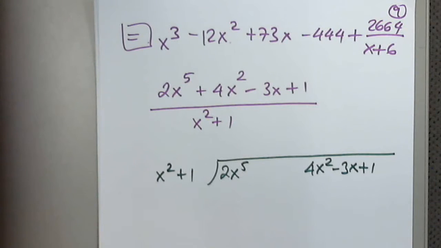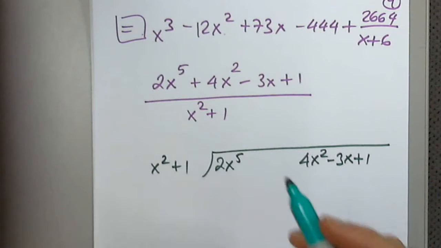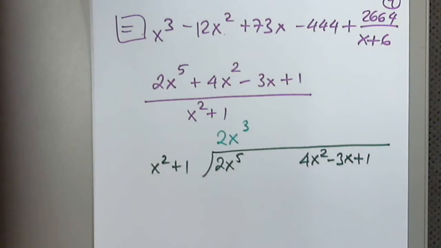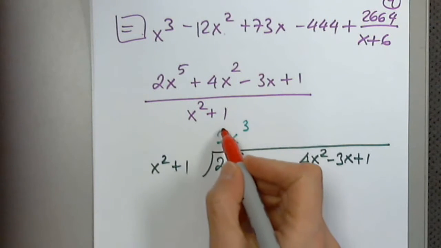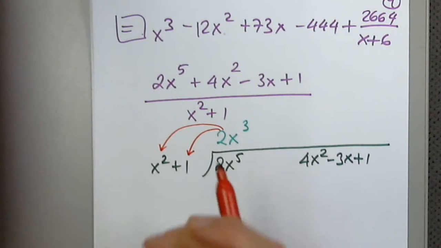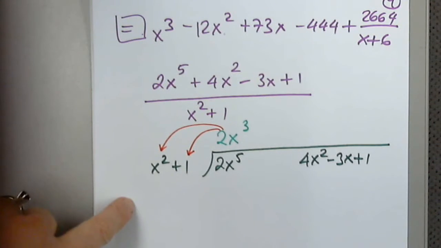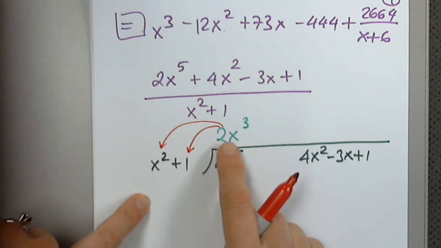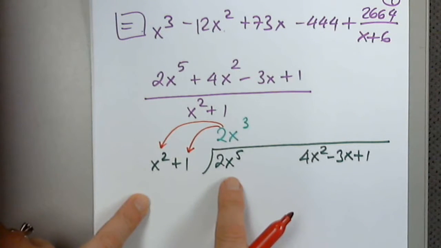Okay, so x squared times what is 2x to the 5th? 2x cubed. As you remember, we have to go back, distribute to both. So 2x cubed times x squared will be 2x to the 5th. Is that okay?